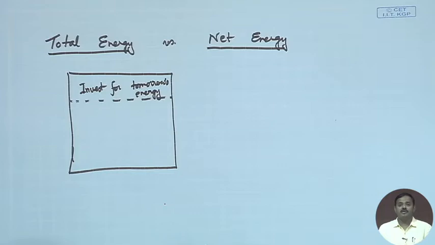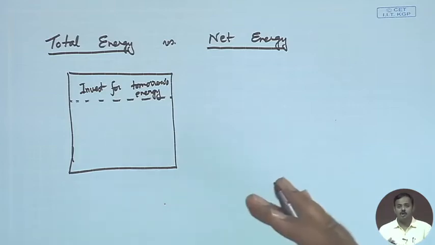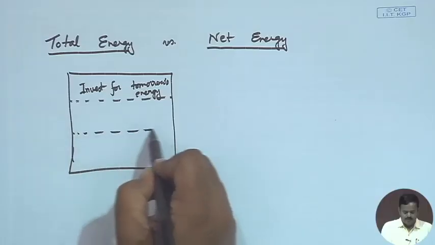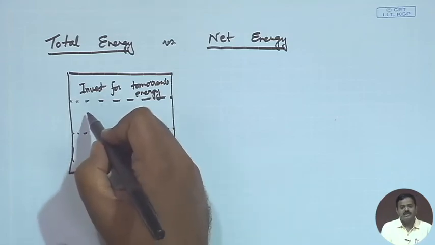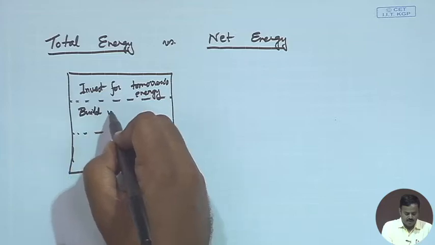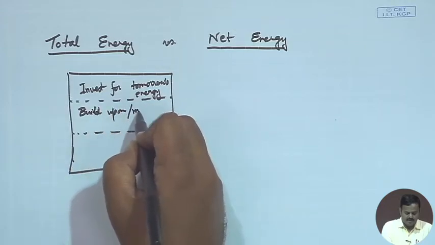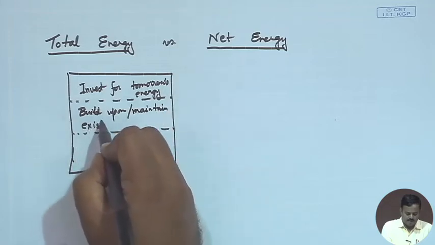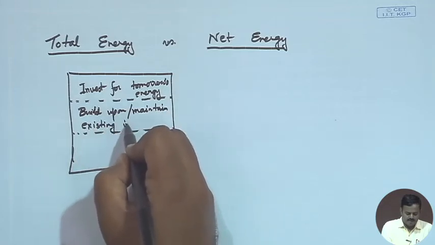I have to think of the fact that my energy requirements are going to go up with time, and therefore, I have to make way for installing new plants, new energy sources and new energy production units and so on. The second one is, you have to use it to build upon or maintain existing infrastructure.